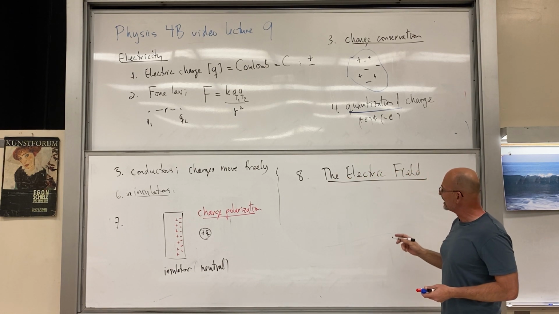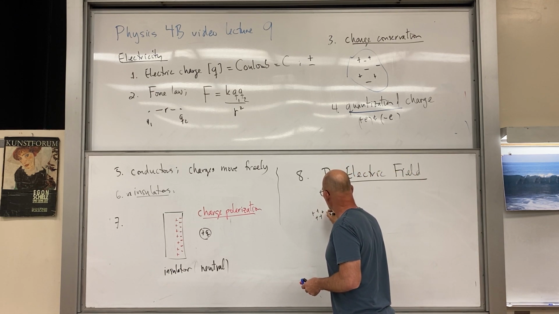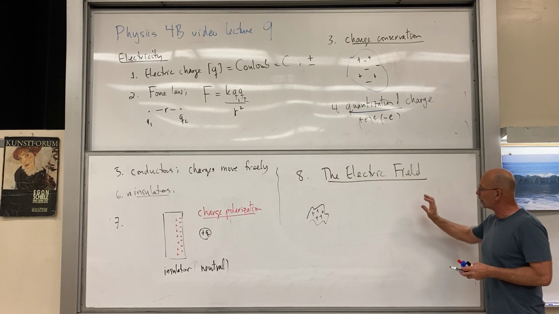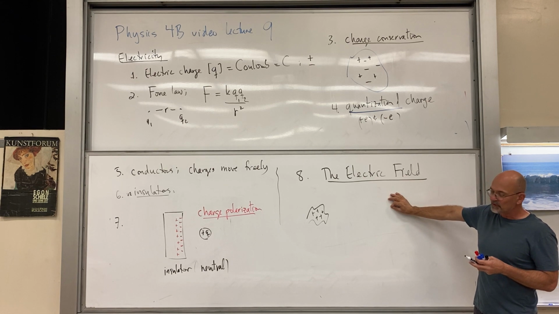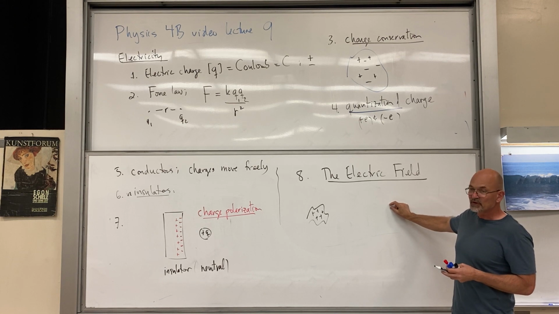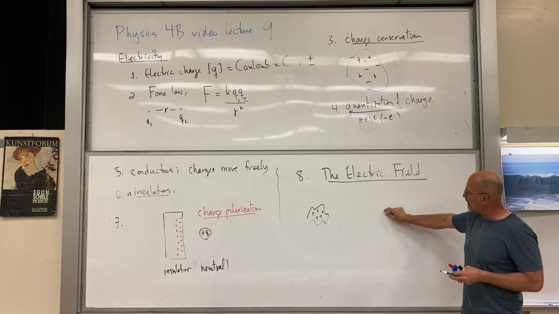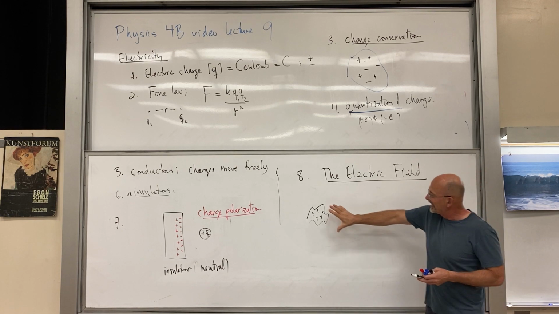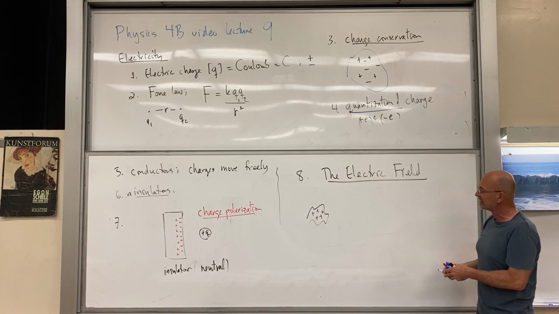Suppose we have some positive charge over here, and we're going to bring what we call test charges over here and see what happens to them. If I bring a negative test charge over here and let go, it's going to be attracted. If I bring a positive test charge over here, it's going to be repelled. And we say there is an influence of these charges out here in space, and we call that the electric field.